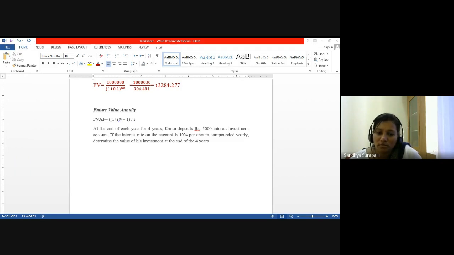He will earn interest on it. In the second year again it is deposited. Again on the principal plus interest he will earn one more interest, and that is also added back. Like that, adding back the interest to the principal, what is the total value he is going to receive after these 4 years? That is the question. That is what the future value means.